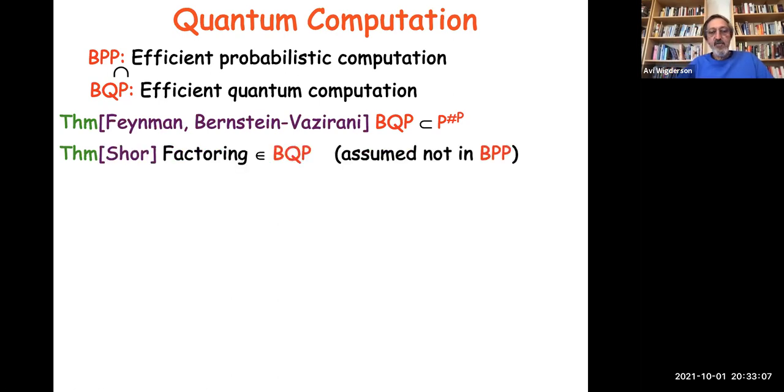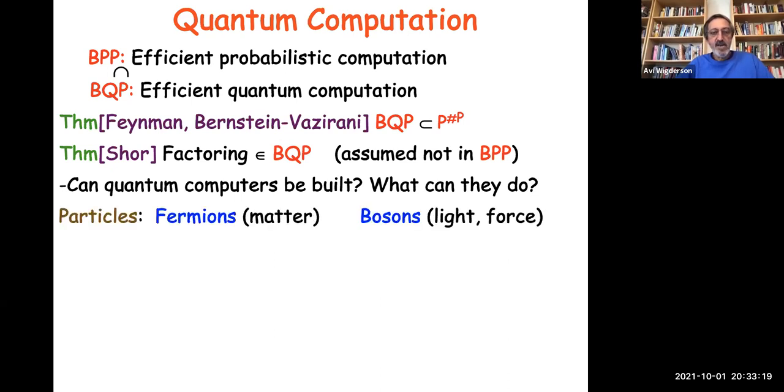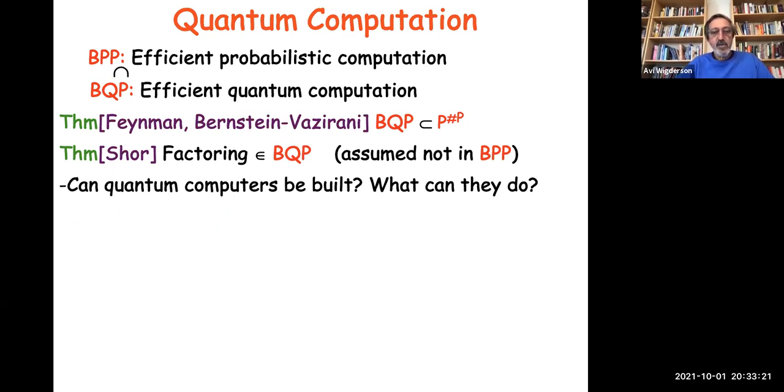Of course, we know about Shor's algorithm that somehow finds a problem that we don't know is in BPP. In fact, we think it shouldn't be, for cryptography's sake. And so these questions about whether we can build the quantum computers, the jury is out yet, despite the huge investments.